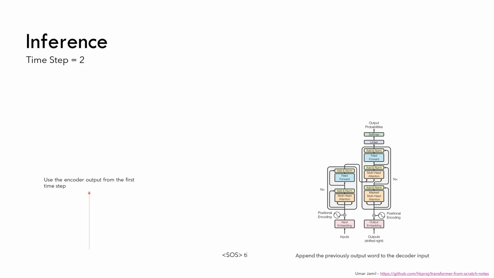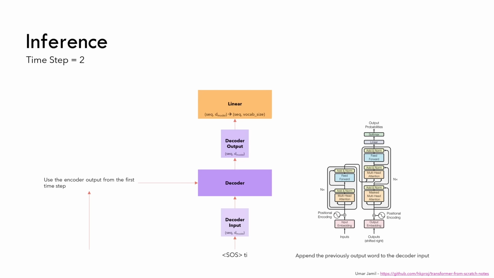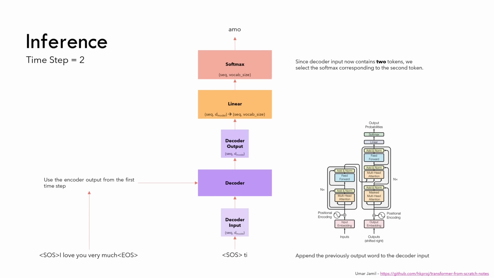What we do is take the output of the previous step, which is t, append it to the input of the decoder, and feed it to the decoder again with the output of the encoder, which will produce an output sequence from the decoder side, which we again project back into our vocabulary, and we get the next token, which is ammo.